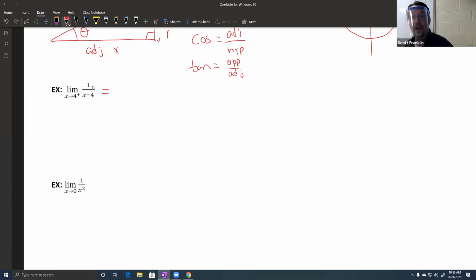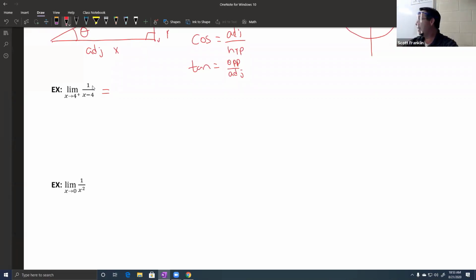Right, if you come in from the right from 4, that's like 5, 4.5, 4.1, 4.01, and if you were to plug that into this x, you would have a positive number. But the bottom of this fraction is going to get closer and closer to 0 when x gets close to 4, which means the bottom of a fraction gets close to 0, the fraction gets bigger.